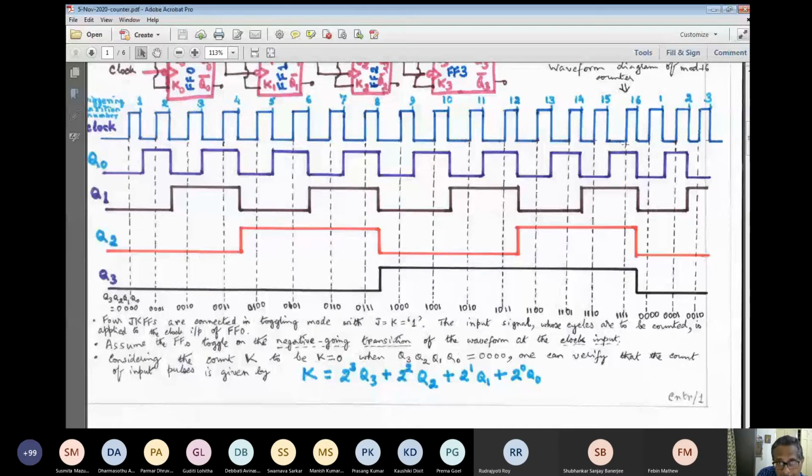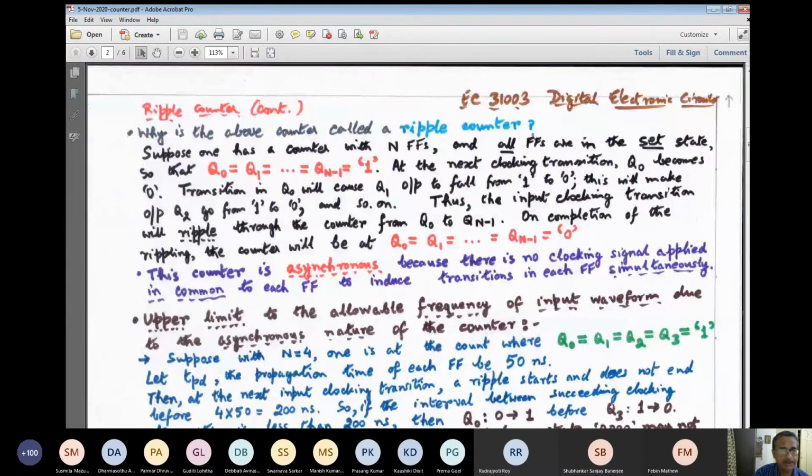What is the minimum time period of the clock? That is determined by the propagation delay of the flip-flops. We'll discuss that also. From here to here, what should be the minimum time? That will depend on the propagation delay of the individual flip-flops. Let me discuss that also.